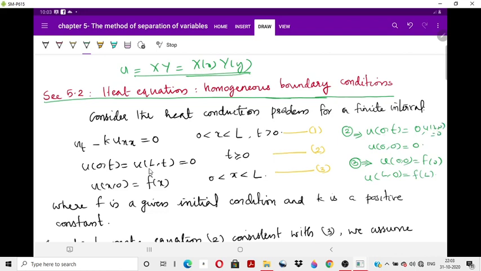So in order to make equation 2 compatible with equation 3, we have to choose f(0) equal to 0 and f(L) equal to 0. So this we have to choose.